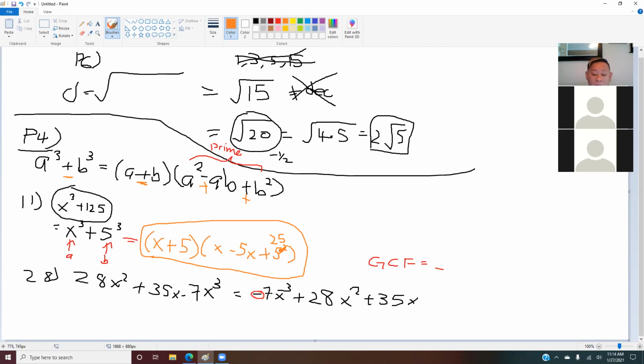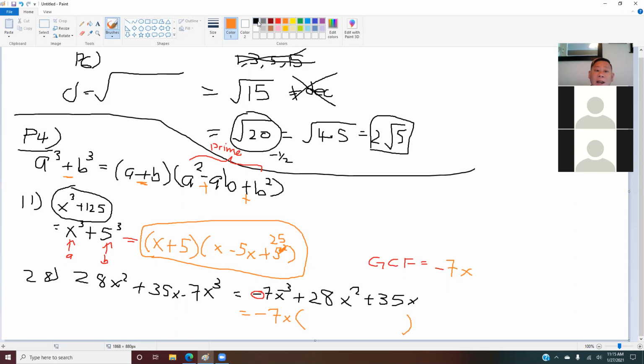Can someone tell me what number can divide 7, 28, and 35? 7. And what is the smallest x power we can use here? X cubed, x squared, or x? X. So that is your GCF in this case. So you have to factor out negative 7x. That's your GCF.